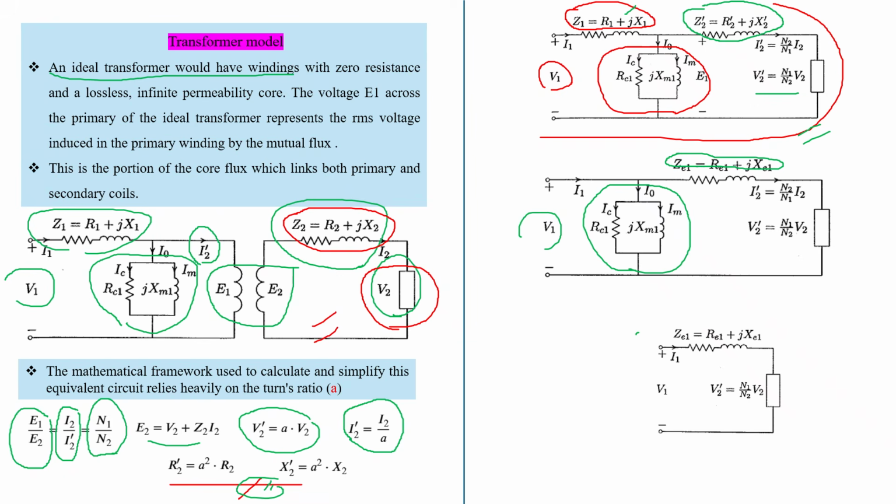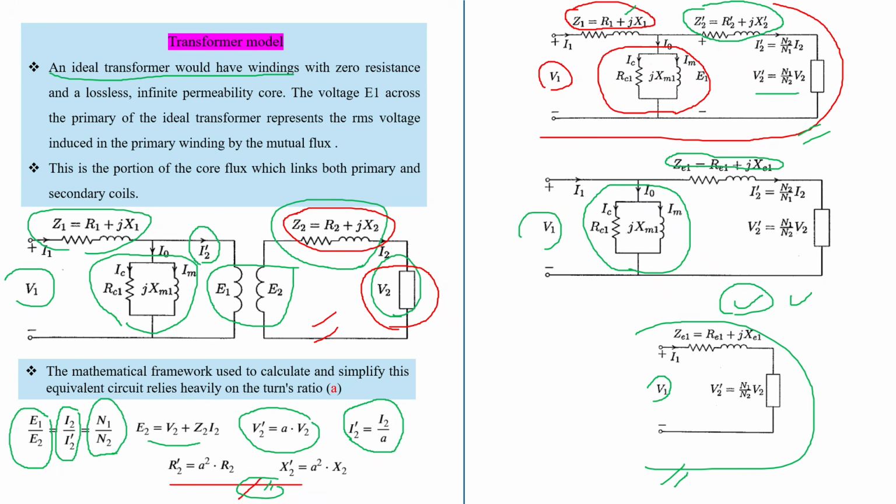So we will have this input primary voltage. This is the equivalent voltage obtained from the primary winding plus the secondary winding resistance referred to the primary. This is the terminal voltage multiplied by the transformation ratio. So this is a simple circuit for a transformer.